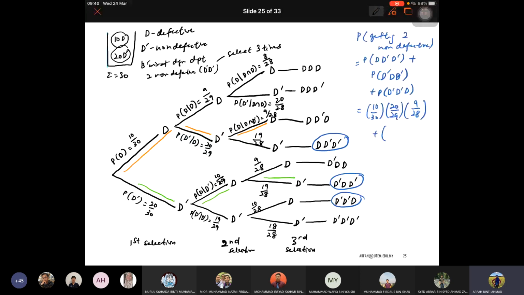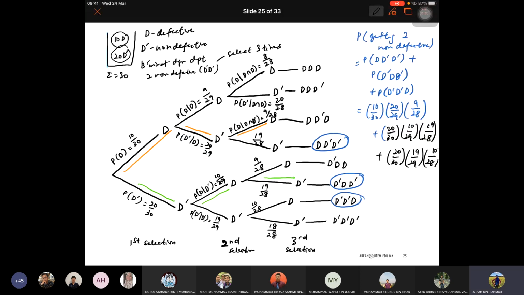That is 20/30 darabkan dengan 10/29 darabkan dengan 19/28. Okay. Tambah the last one 20/30 darabkan dengan 19 per 29 darabkan dengan 10 per 28.